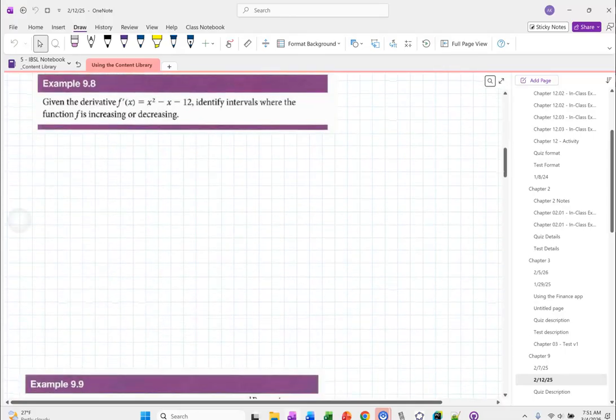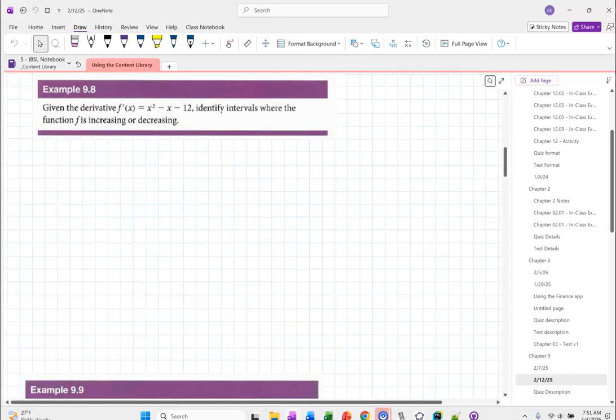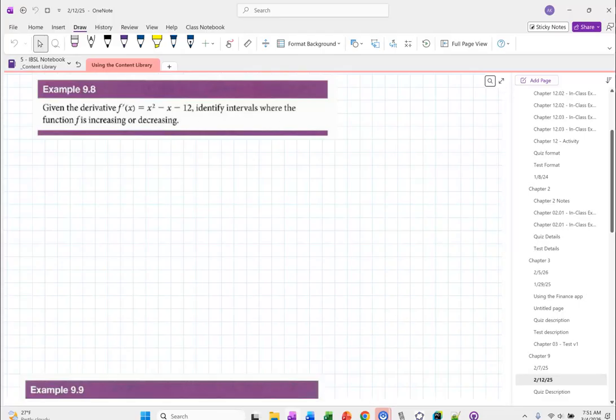All right. So let's look at some examples here where we can use this derivative to answer some questions. It says, given the derivative f prime is equal to x squared minus x minus 12, identify the intervals where the function f is increasing or decreasing. So if I want to find out where f is increasing and decreasing, and I'm not given f at all, I have no idea what f looks like.